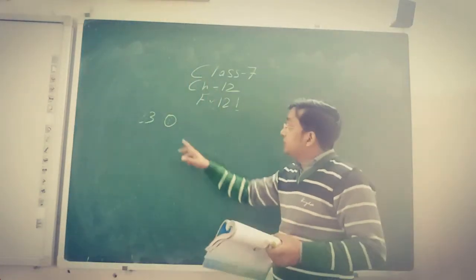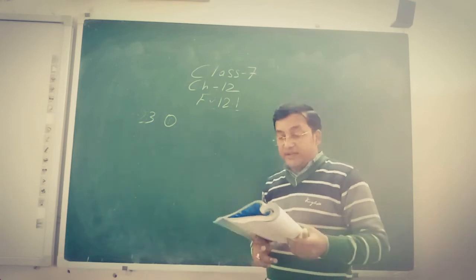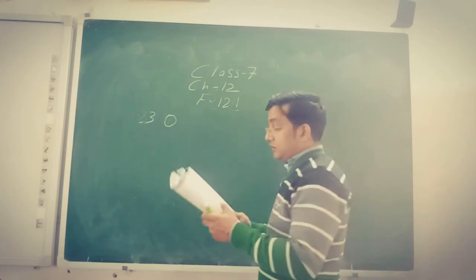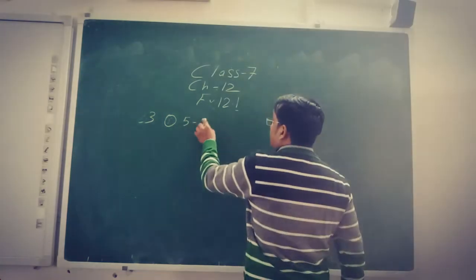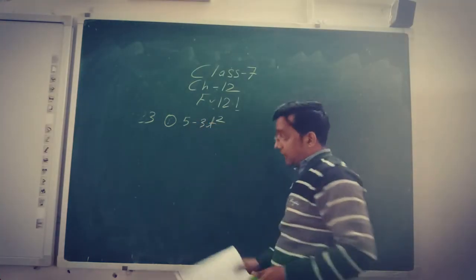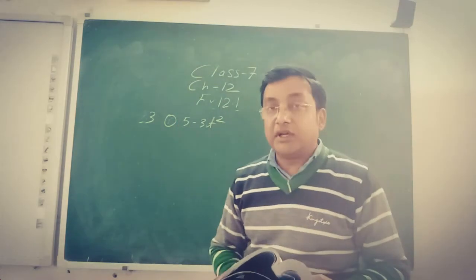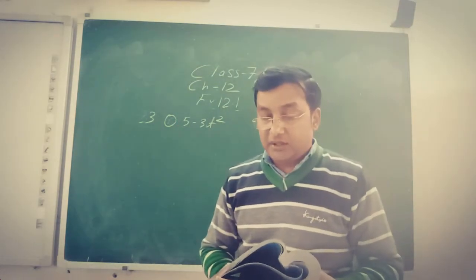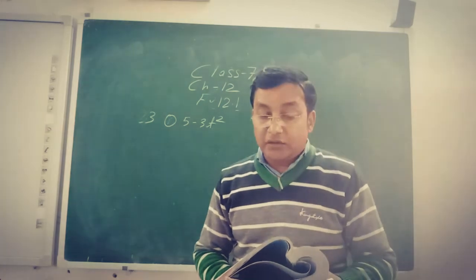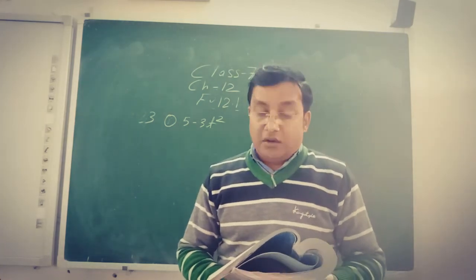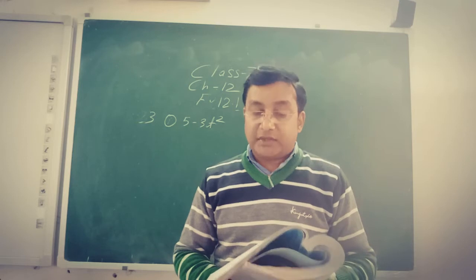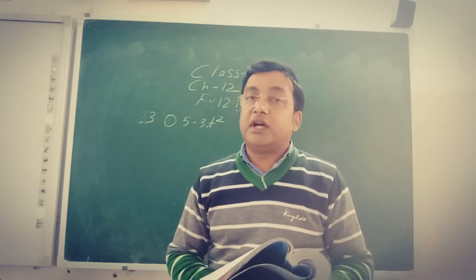Now question number 3. Identify the numerical coefficients of terms other than constant. It means I have to find out the numerical coefficient of the term other than constant, that is, not constant.